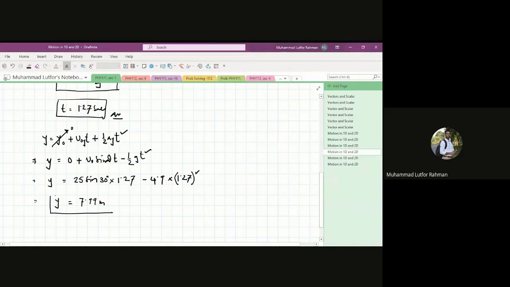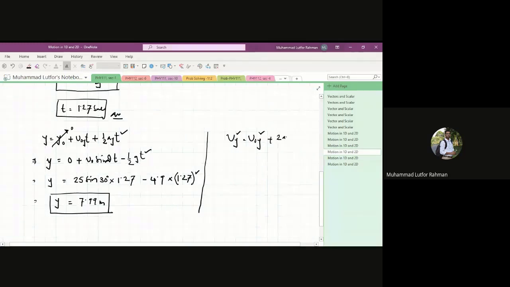Another way, I can use another equation to find that. I can write Vy square would be V naught y square plus 2 ay into y.